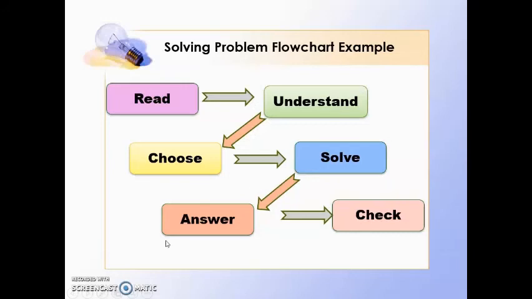You need to give answers about the problems in order to have a result. And the last thing that you need to do is check. Check if the results are okay or not, are good or not, are beneficial or not. When we need to solve any problems, we need to take into account those elements: read, understand, choose, solve, answers, and check.